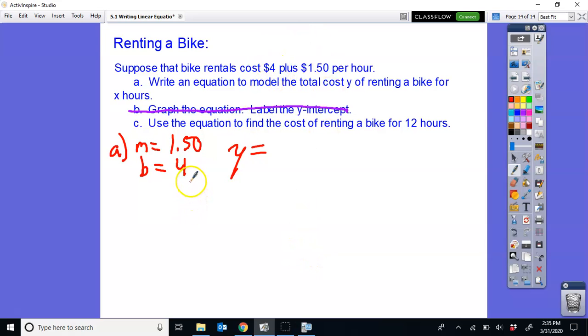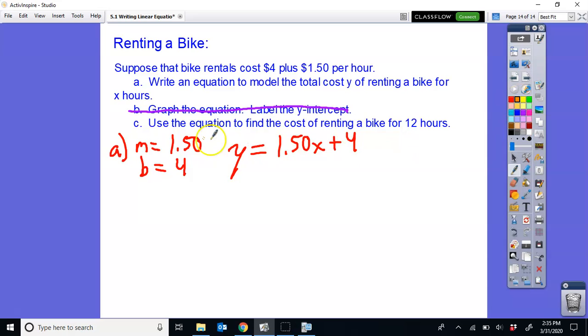No matter what, just to rent the bike, it costs me $4. Even if I only ride it for half an hour, 10 minutes, it costs me $4 to rent the bike. So my equation would be y equals 1.50x plus 4, or $1.50 each hour plus the original cost of 4.